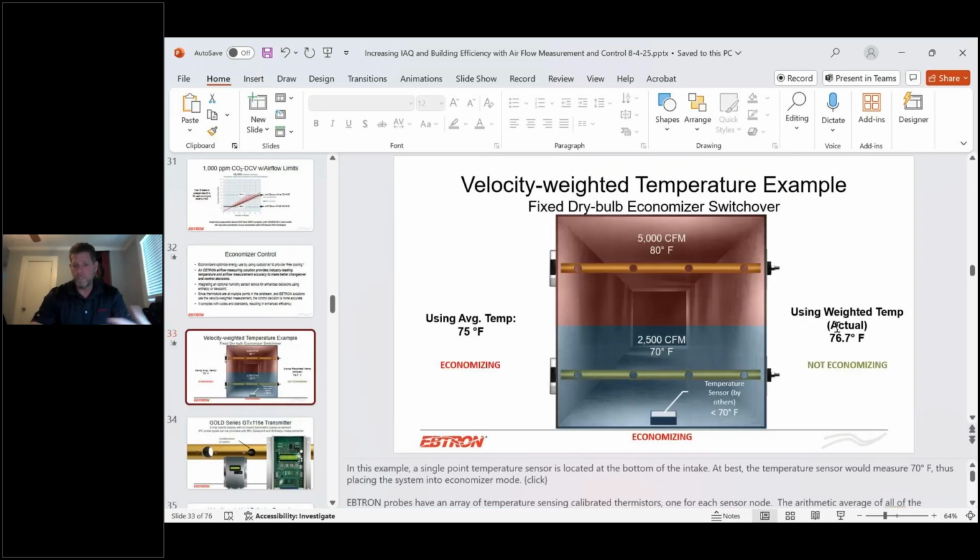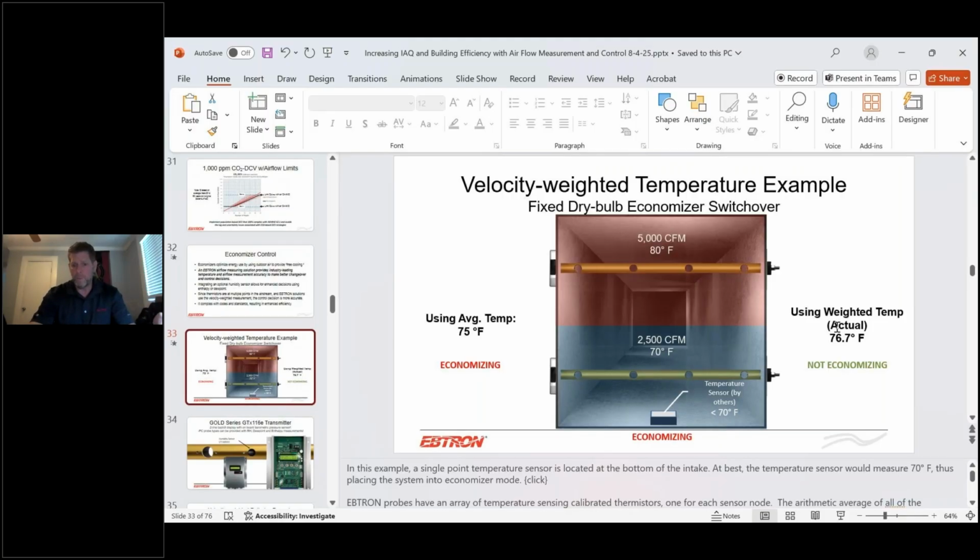So the key is, as we're showing you here, as I mentioned earlier with Ebtron, we're doing a temperature and velocity measurement at every single sensing node. So we can measure when there are stratification issues, weird velocity profiles through your duct, things like that.